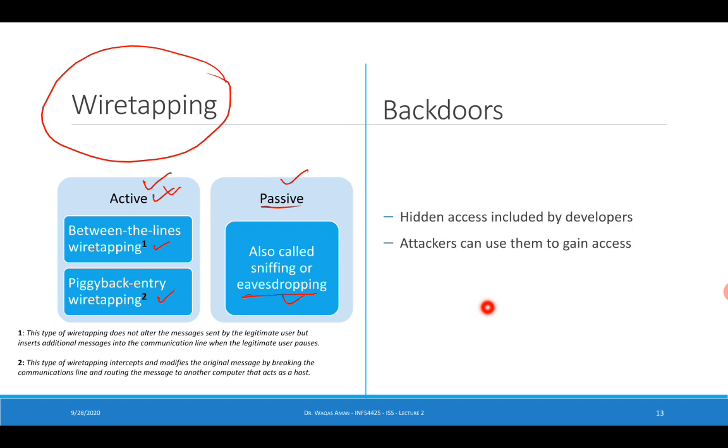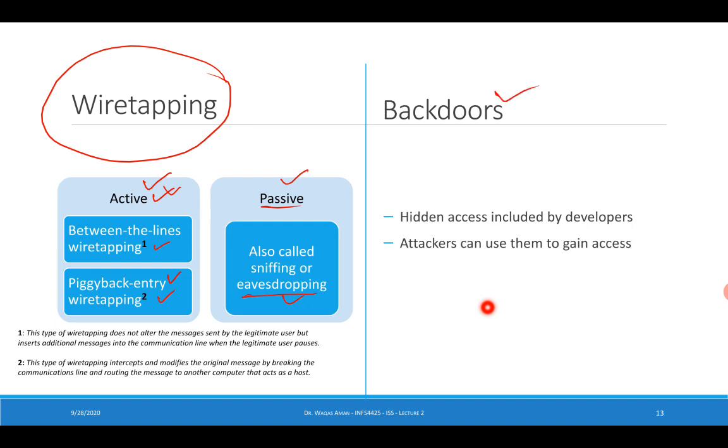In the piggyback, he actually intercepts the message, then modifies it as per his desire, as per his attack pattern, and then forwards it to the other point B. So he intercepts the message from either point A or point B, modifies it in his own way, and then retransmits it to the respective destination. Fine. So these are examples of wiretapping and what it is.